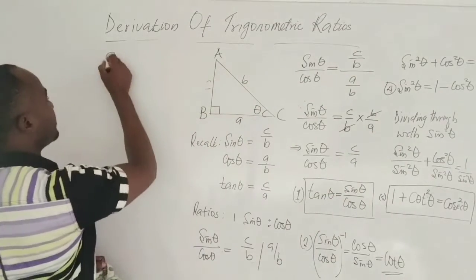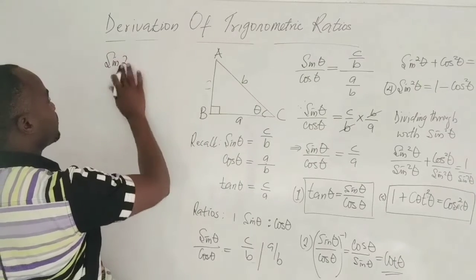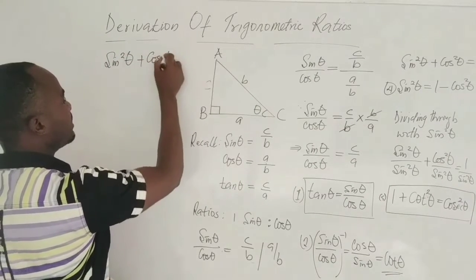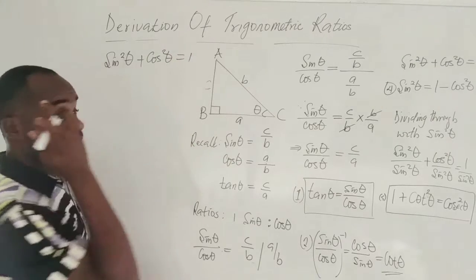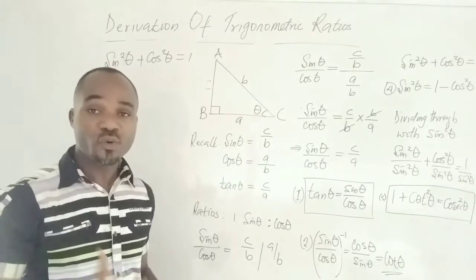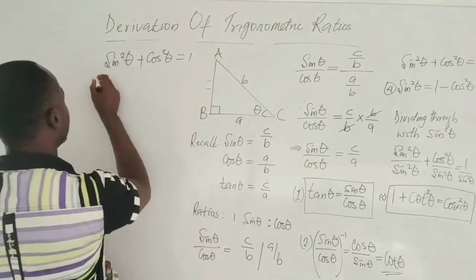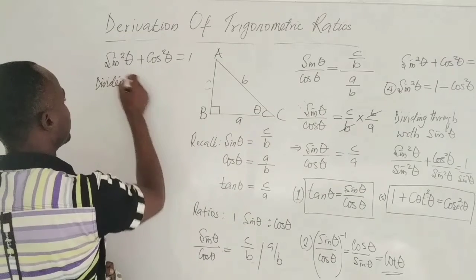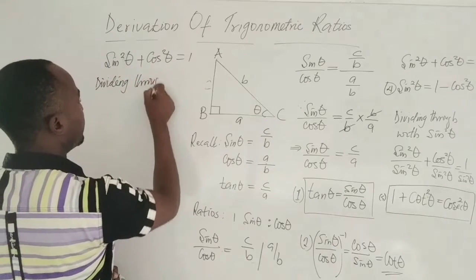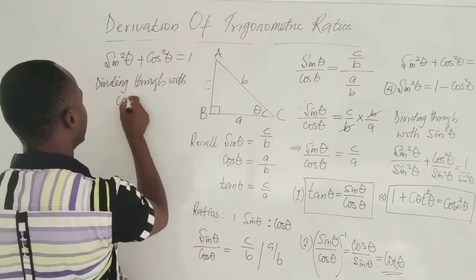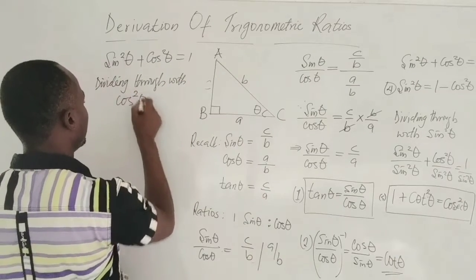We still retain sine theta squared plus cosine theta squared all equals to 1. This time around, we are going to divide all through with cosine theta squared. Let's see what it will give.